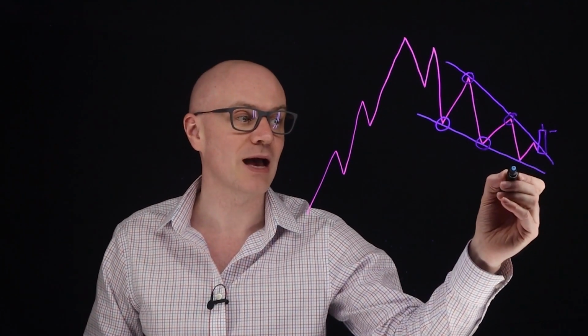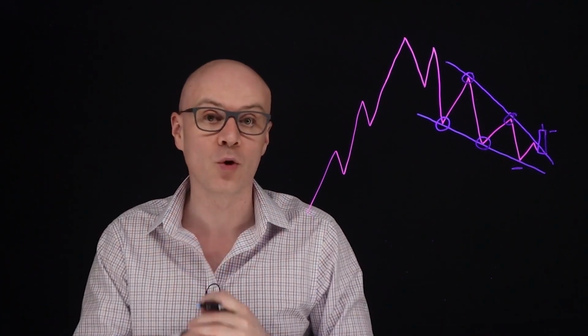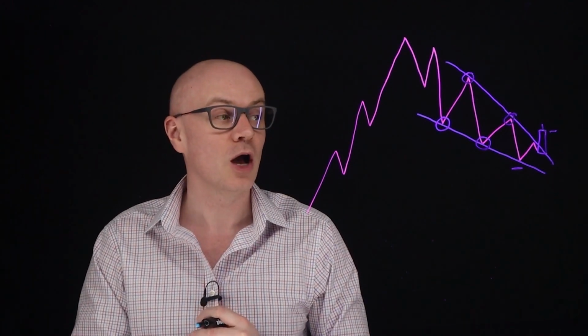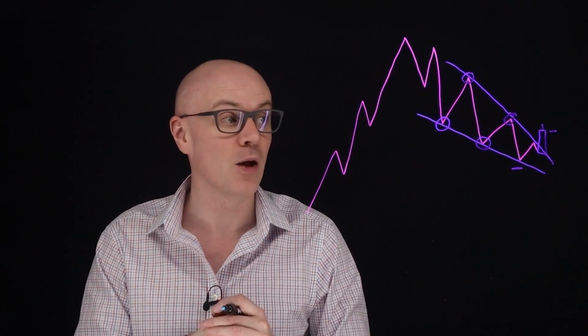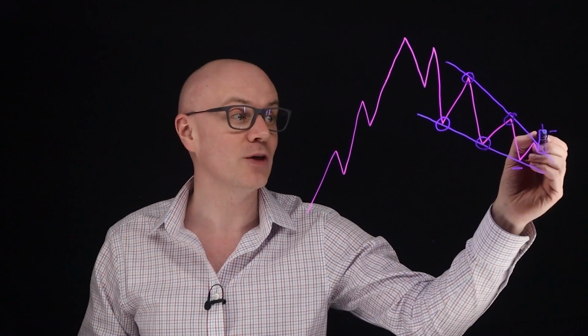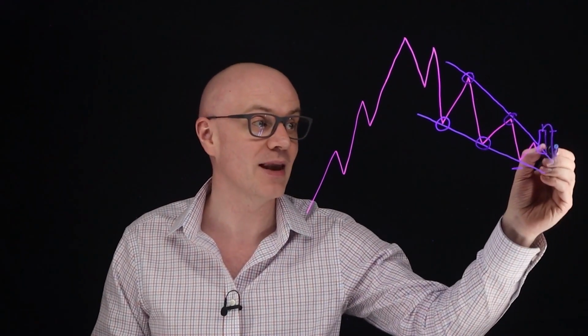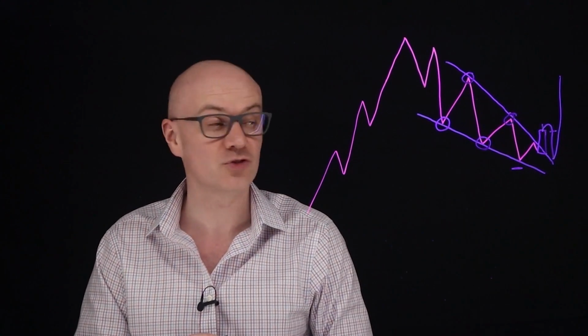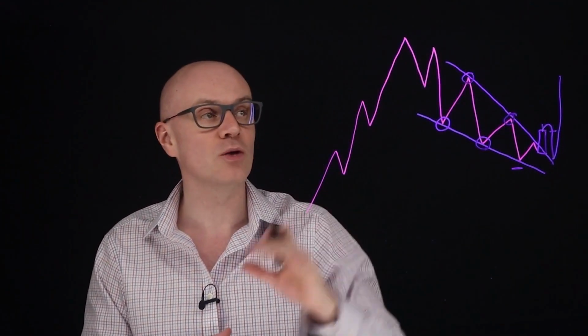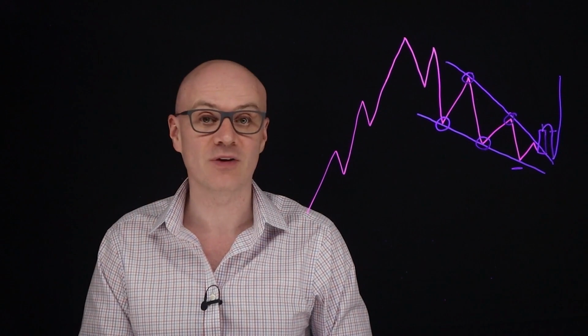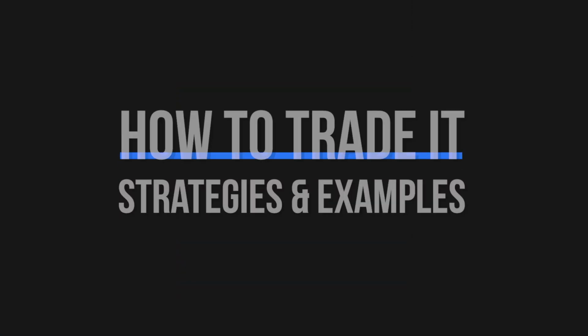I would certainly want to have a stop loss on the opposite side of the support trend line structure, just to give yourself a reasonable amount of room, just in case we get some kind of push back down into the structure before it retests and then starts trending higher. But that is the way that we would go about identifying a falling wedge.